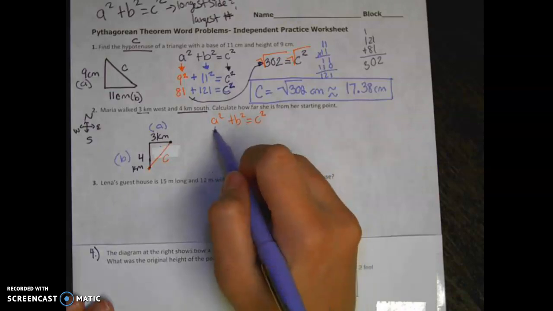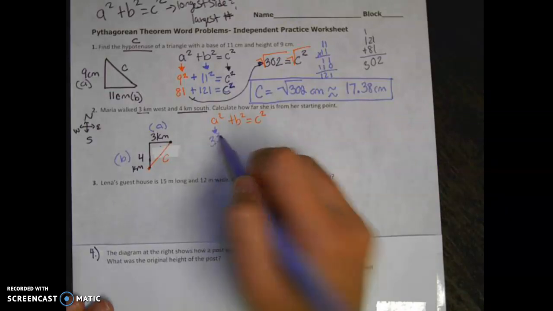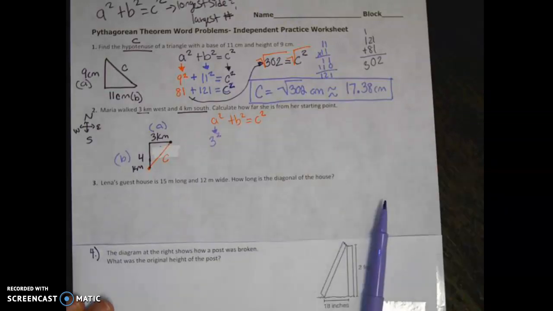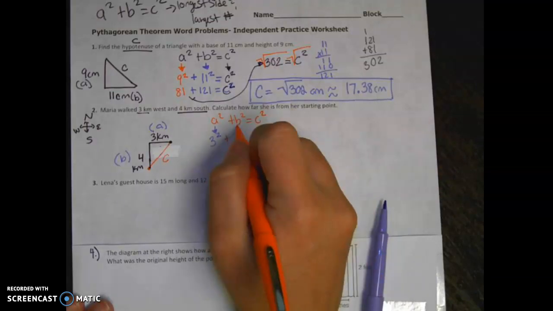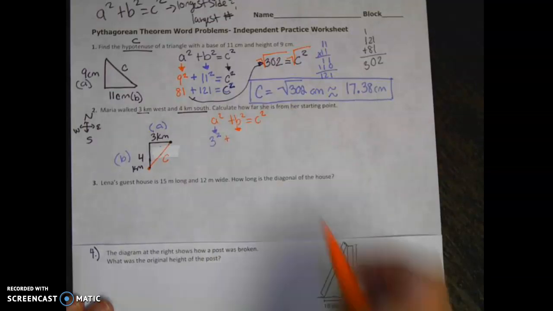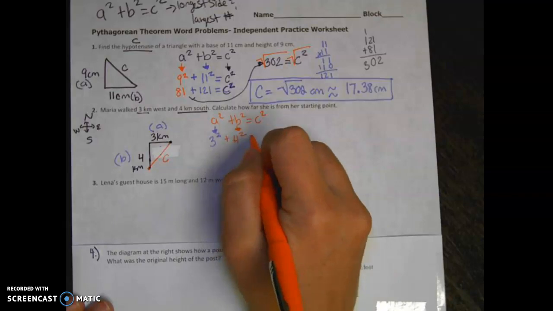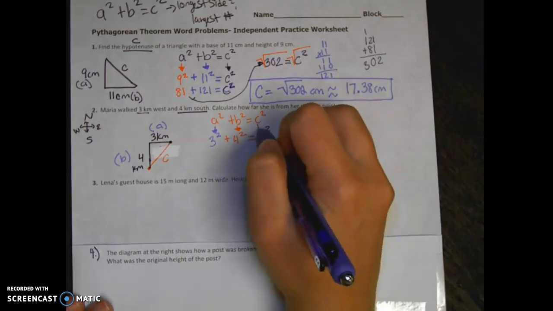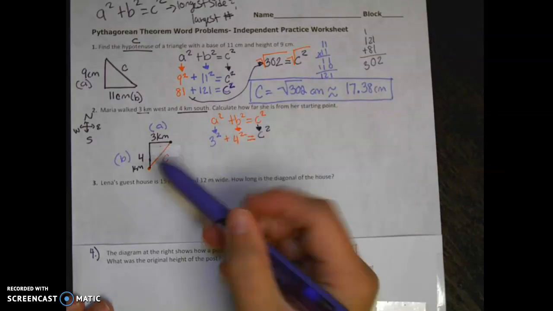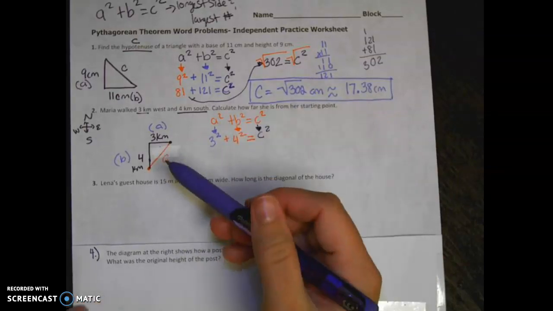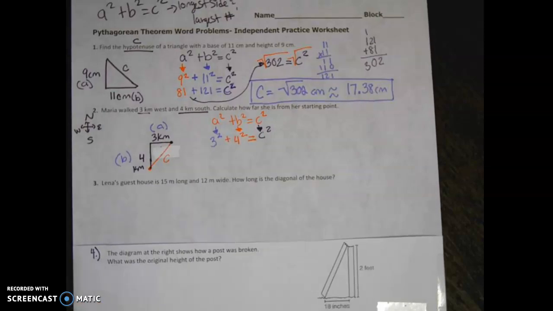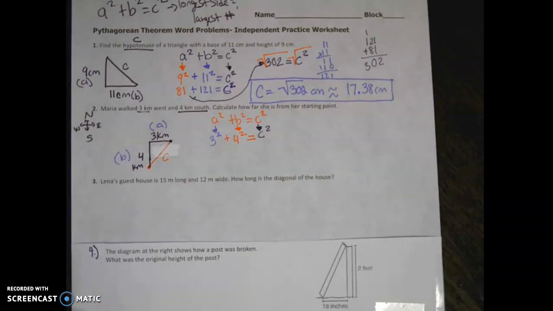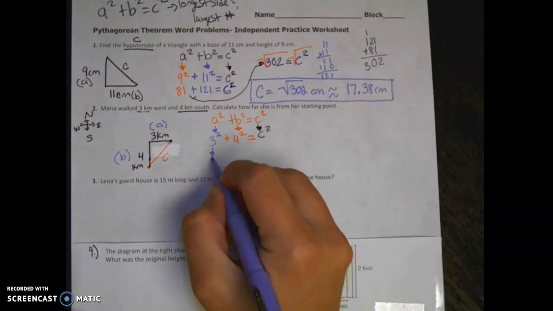So my a is 3 squared plus my b is going to be 4 squared equals my c squared, because I don't know how far she is from her starting point, right? So 3 squared, 3 times 3, remember it's not 3 times 2, is 9.